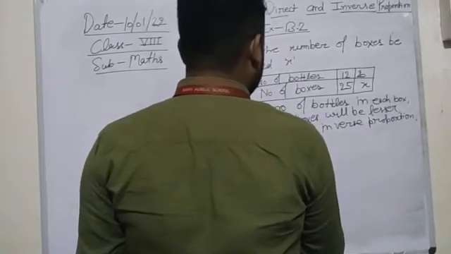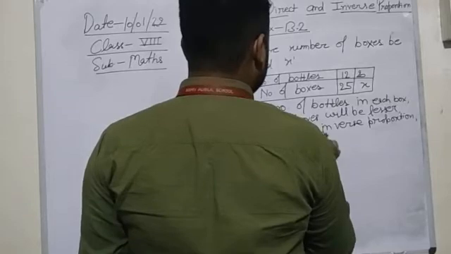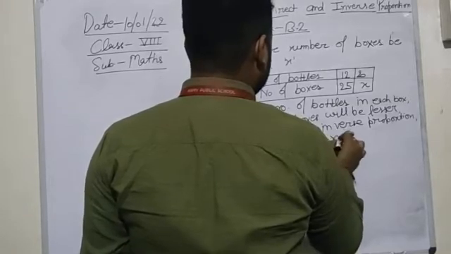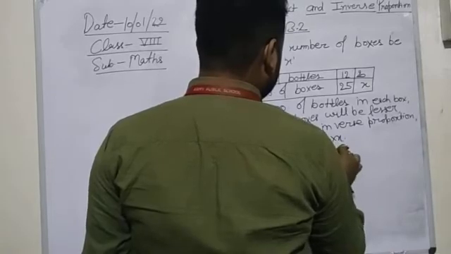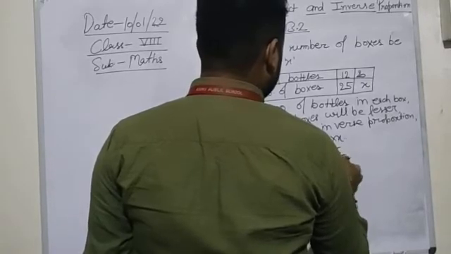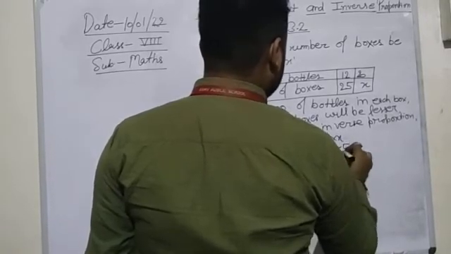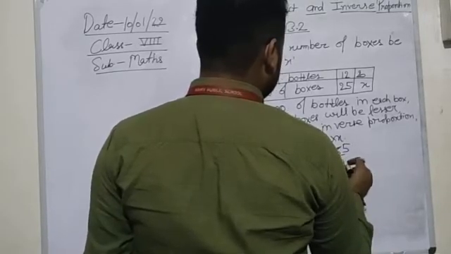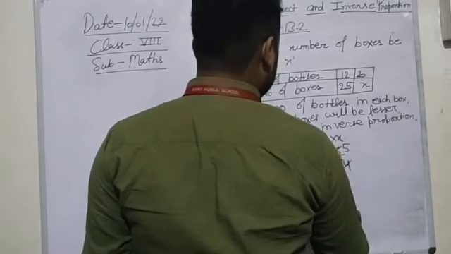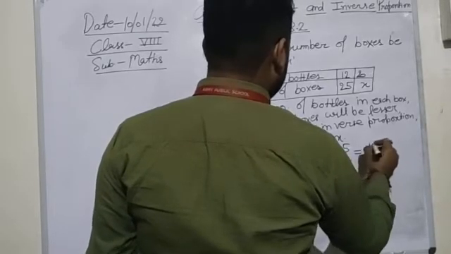So 12 into 25 is equal to 20 into x. So x is 12 into 25 upon 20. 5 5 is 25, 5 4 is 20, and this is 3. So 3 5 is 15.